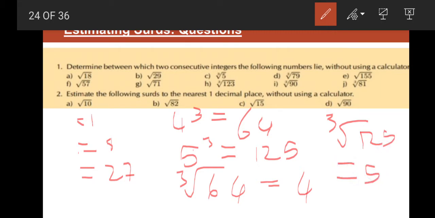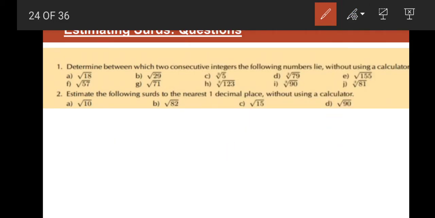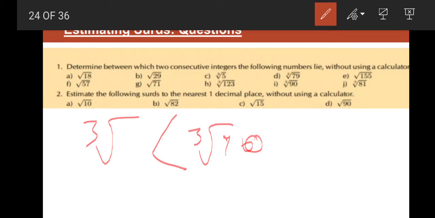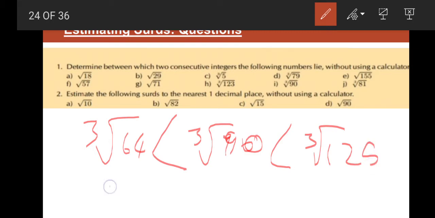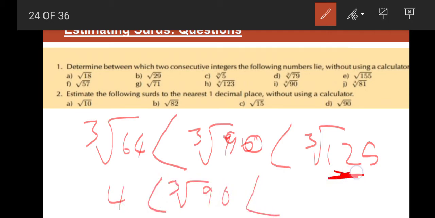So now this tells you that the cube root of 90 lies between the cube root of 64 and the cube root of 125. The cube root of 64 is 4, and the cube root of 125 is 5. So the two consecutive integers between which the cube root of 90 lies are 4 and 5.